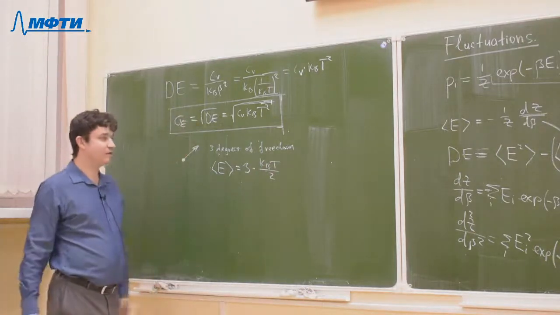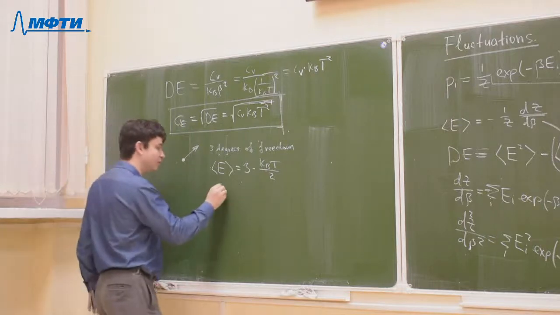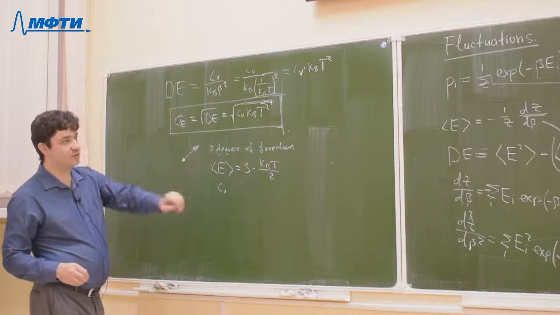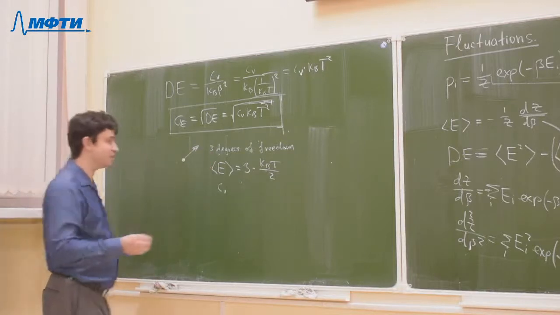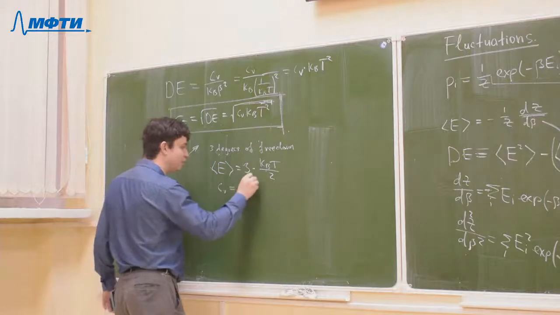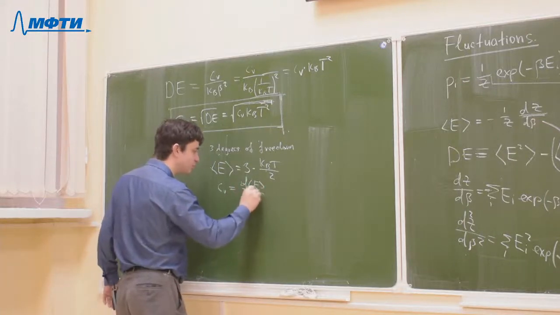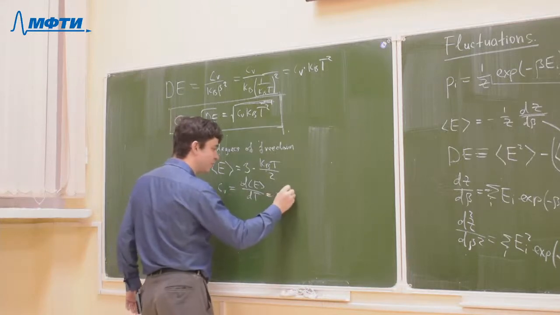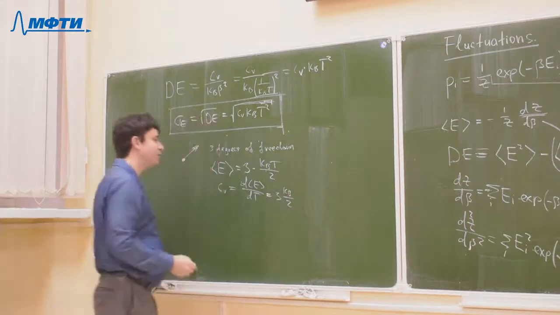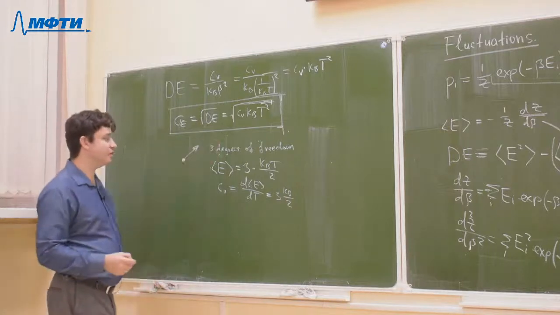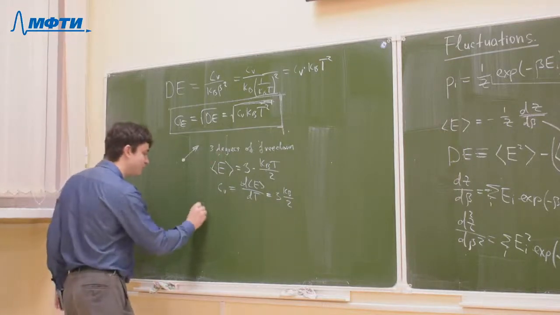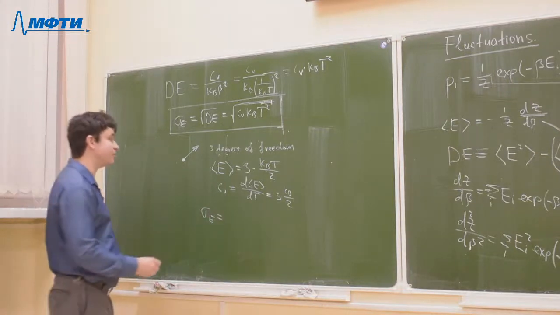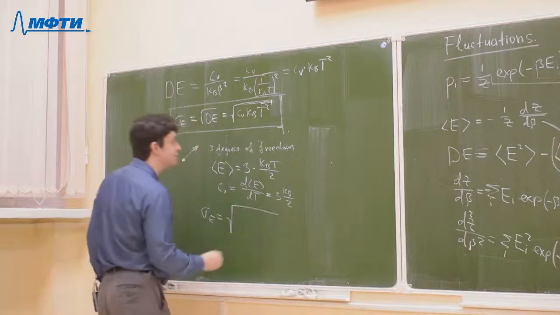Now we can calculate the heat capacity of a single particle. As I have described previously, the heat capacity is actually the derivative of energy over temperature. So we can find that this is 3 multiplied by kB over 2, and then insert it here and get the final result. The standard deviation of energy for a single particle is given by this formula.